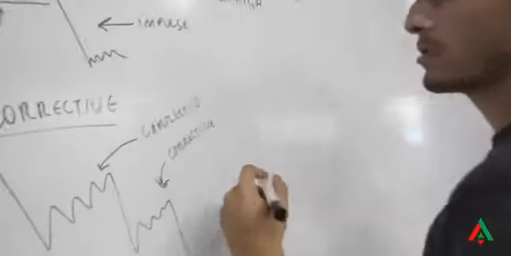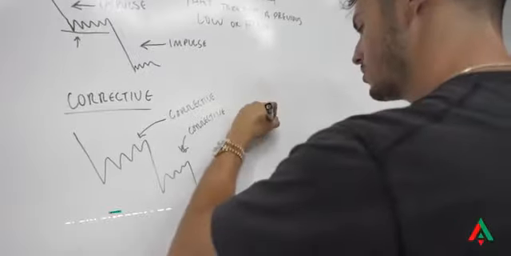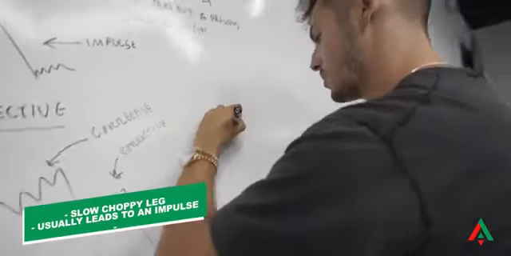Let's just go over here. I'm going to write this again: corrective. Write some bullet points under here.